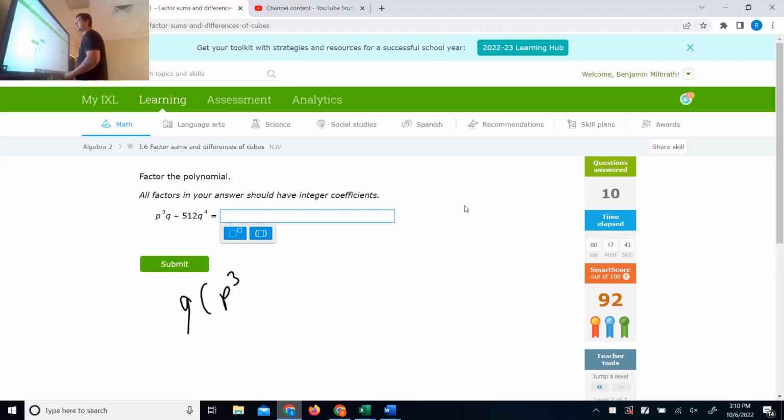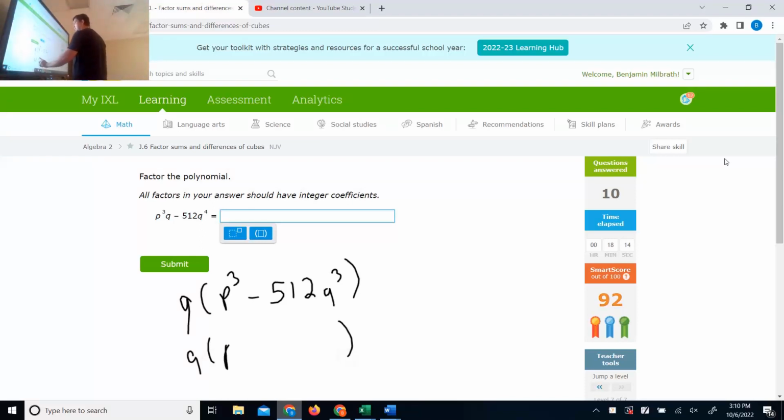And if you pull a q from 512 q to the 4th, you'll have 512 q cubed. Thought I made a mistake real quick, but I hadn't done anything wrong. So we have p cubed minus 512 q cubed.